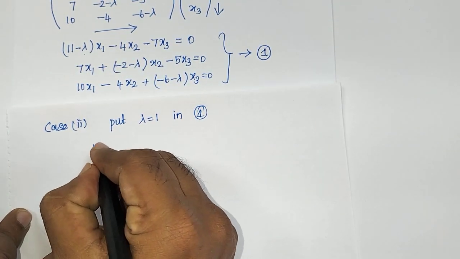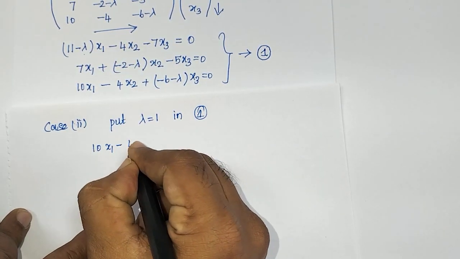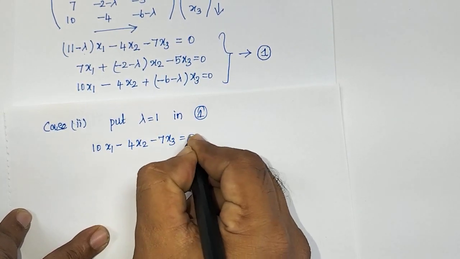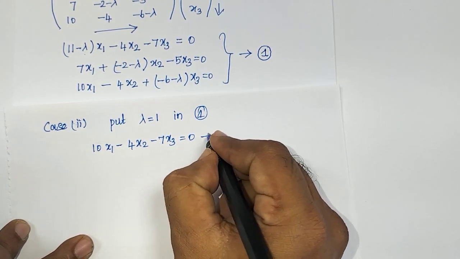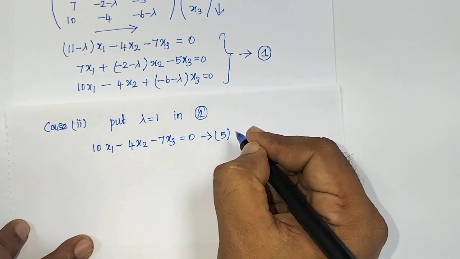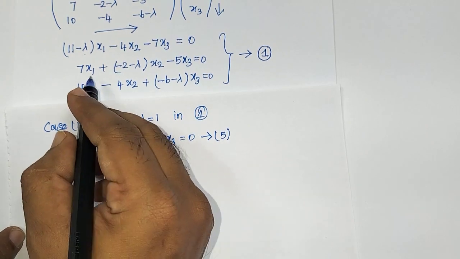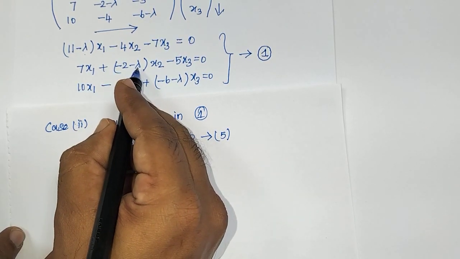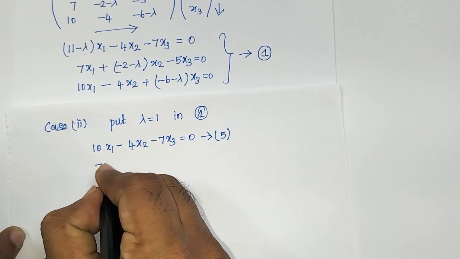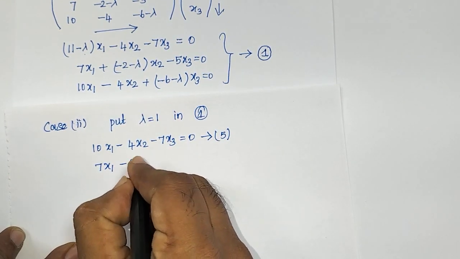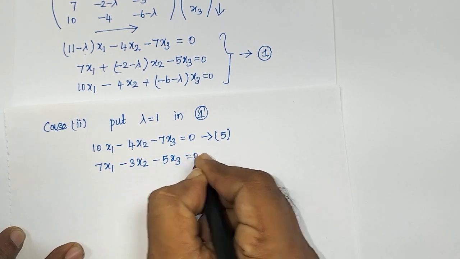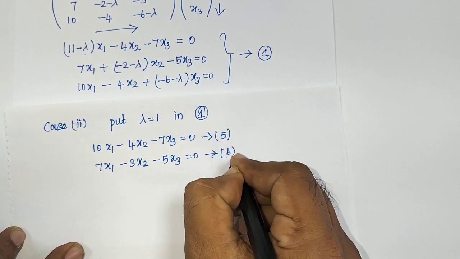You will get 10x1 minus 4x2 minus 7x3 is equal to 0, which is equation number 5. Then in the second equation you can substitute lambda equal to 1. You will get minus 2 minus 1 minus 3. So 7x1 minus 3x2 minus 5x3 is equal to 0, which is equation number 6.